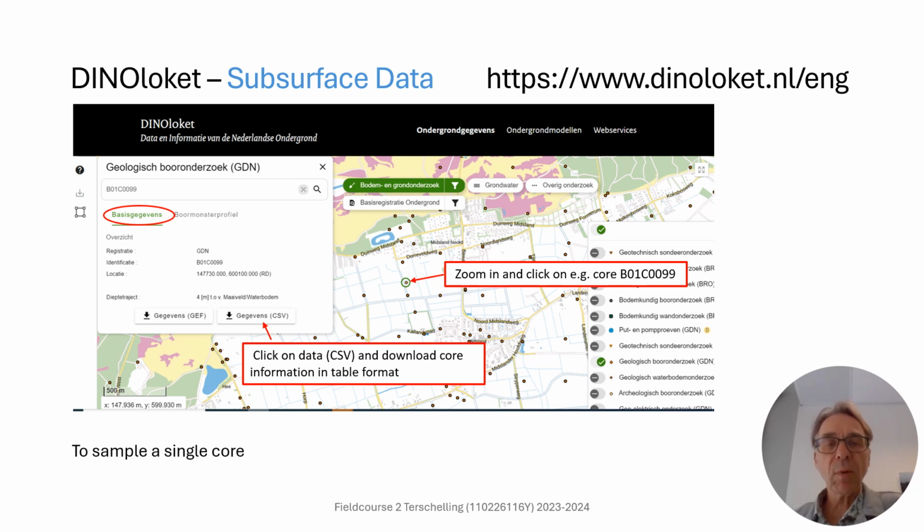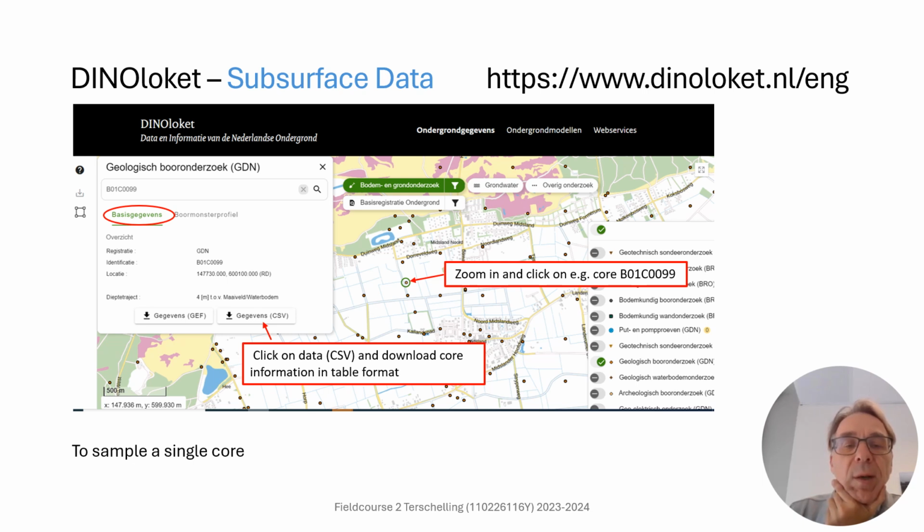First an example of the subsurface data if you were to select one core, and then next I will show you how to select the cores of the entire profile you need to research. So you zoom in and click on the core, like for example this B01C0099, and then a screen pops up with the basal data of the core, and you can even get a profile from the core.